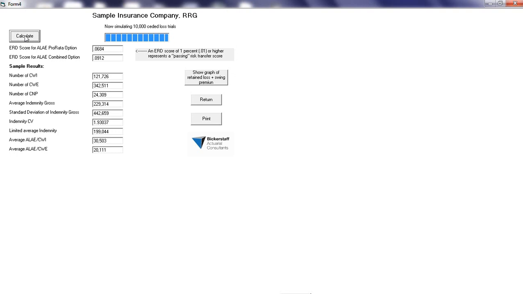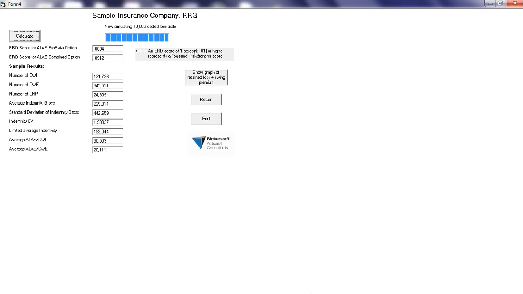Another simulation, this time using present value of both ceded losses and a present value of ceded premium. So you have a reinsurer deficit in a year where the actual present value of ceded losses exceeds the present value of ceded premium.